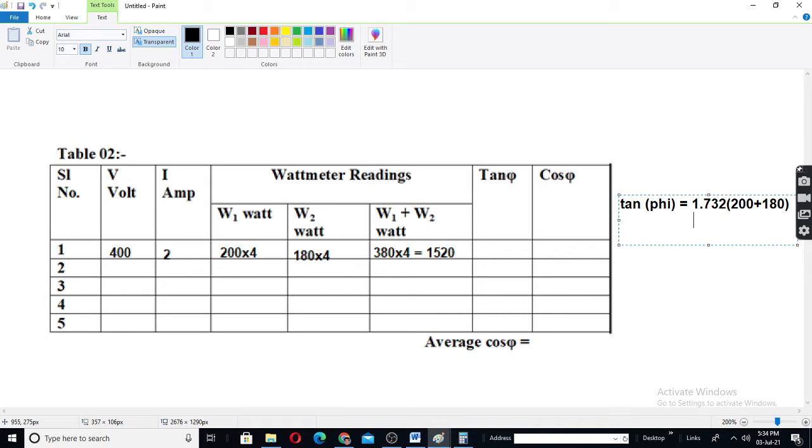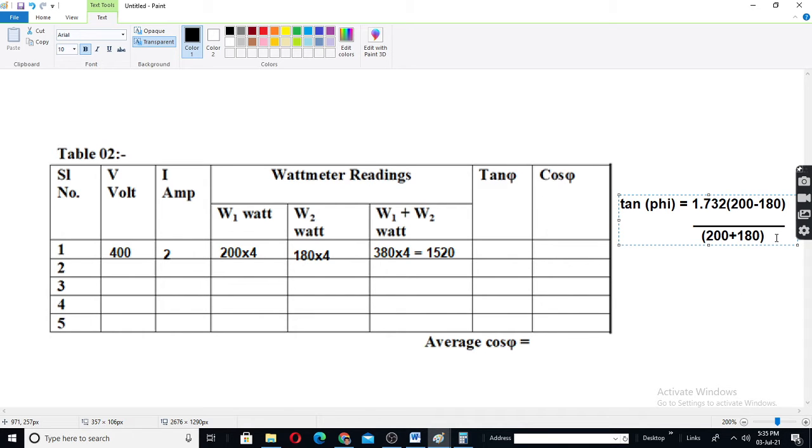W1 plus W2 means 200 plus 180. In the numerator, it is W1 minus W2, so it is minus here.